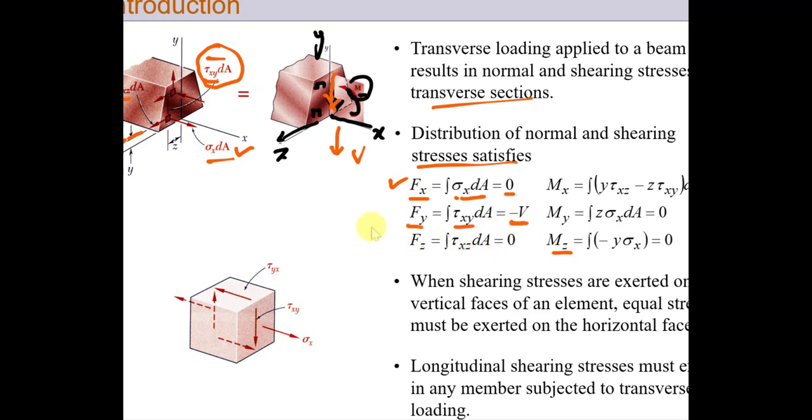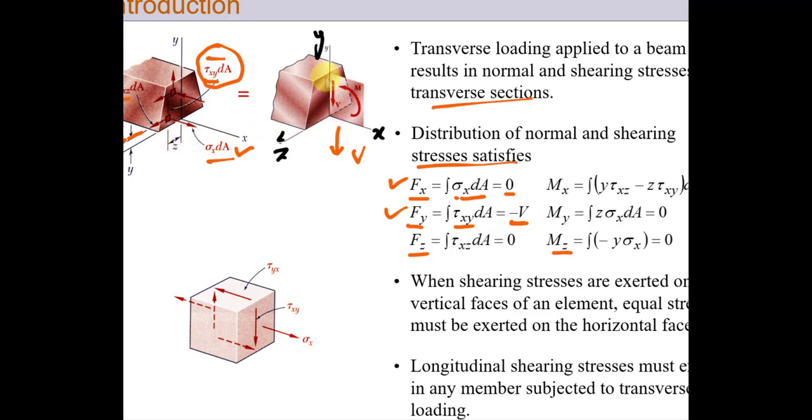So the net of this shear force will be the net shear force. Similarly, in z direction there is also shear stress acting. So the sum of all the forces along z direction will be equal to 0, because in this diagram, if I remove these things from this figure, you will find that there is only shear force acting downward. That's why the sum of all forces along y direction will be equal to the net shear force acting on this face.